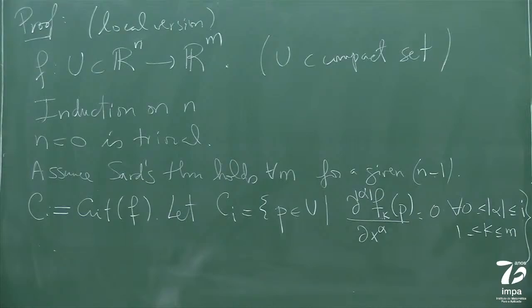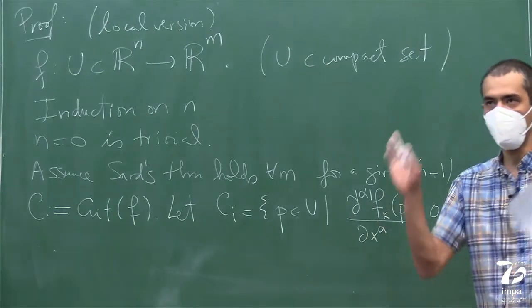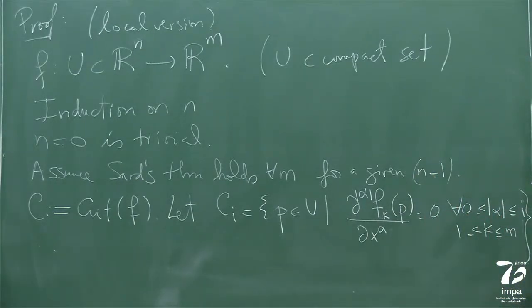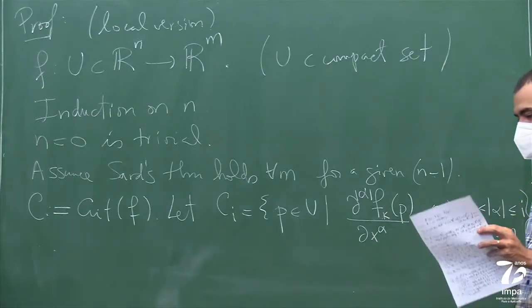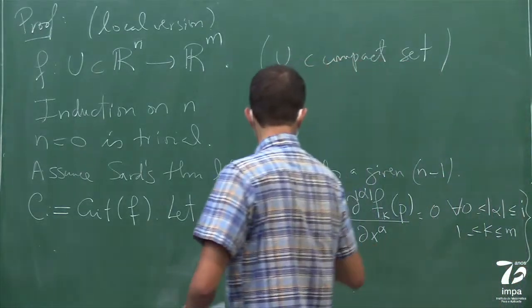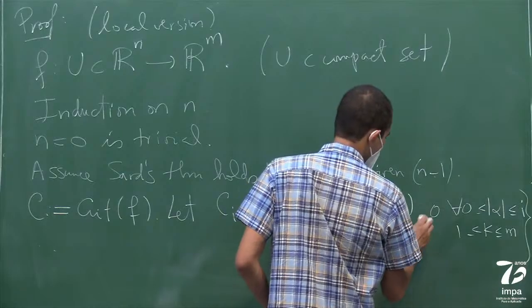You can write this in a multi-matrix notation if you want, but I think this is the easiest way to say it with partial derivatives. So Ci are the set of points that are very critical in a way. It's not only a critical point, but all the derivatives are 0.